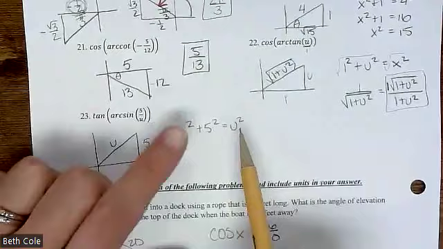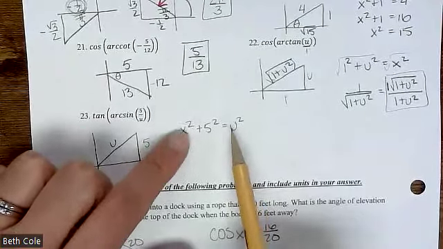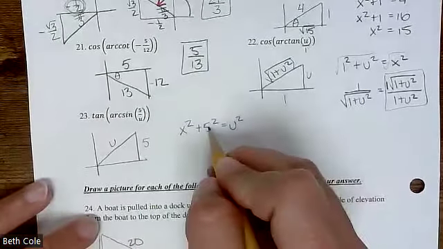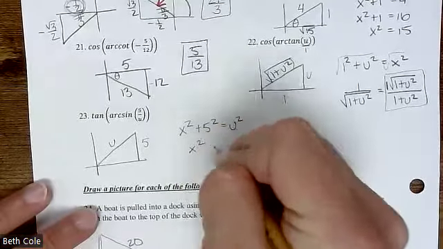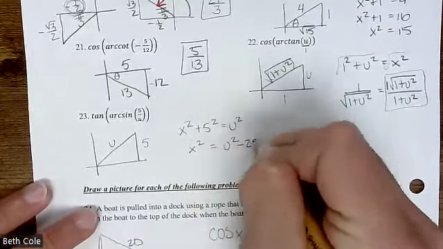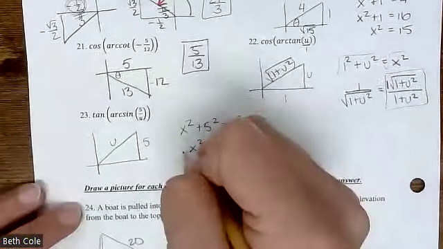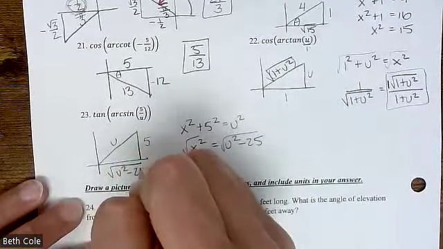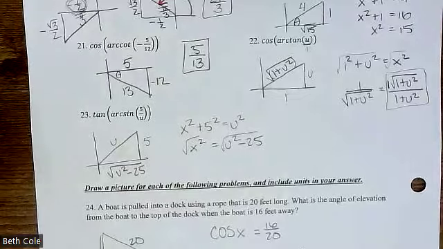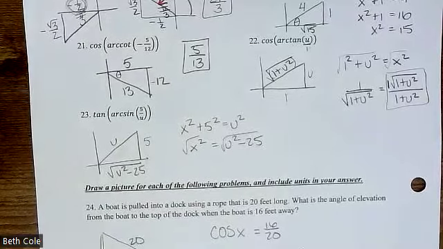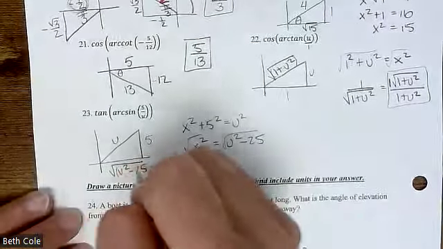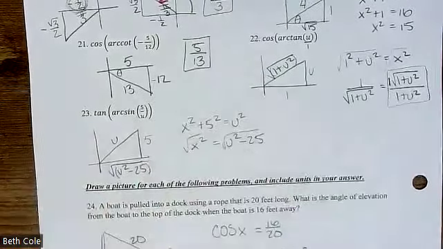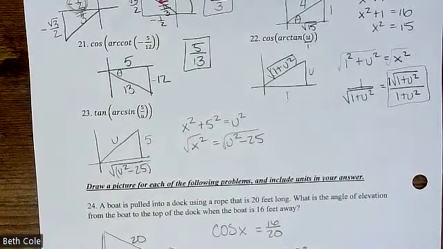All right, now are you trying to get X by itself or U by itself? X. Okay, so you would have to subtract this over. So it would be U squared minus 25 and then square root. Leave it alone. Do not change anything. Mathematically, like algebraically, you are not allowed to change that. And if you want to put parentheses around it to remind yourself, like if it was 2 separate things, you could, but it's all one thing.